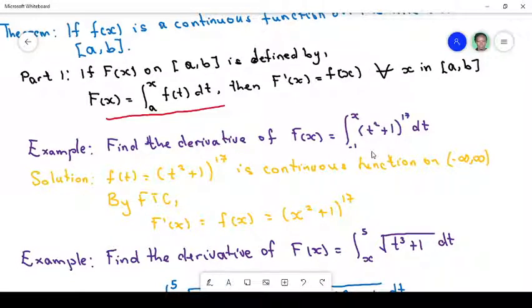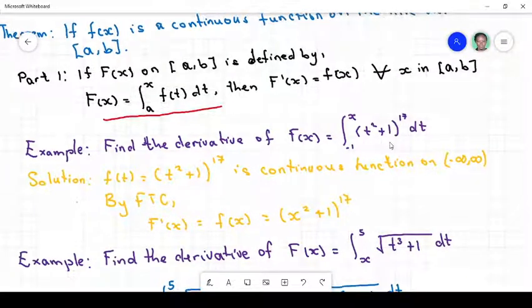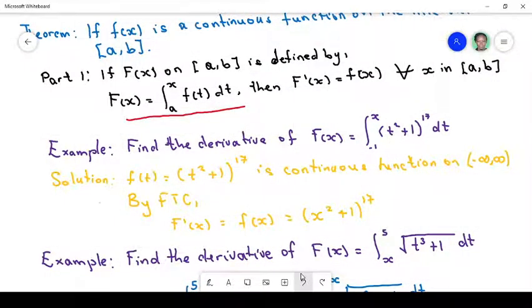In finding the derivative, this is our f of t, and f of t is equal to that. And this is continuous on this interval. So by the fundamental theorem of calculus, the derivative of this is equal to that.